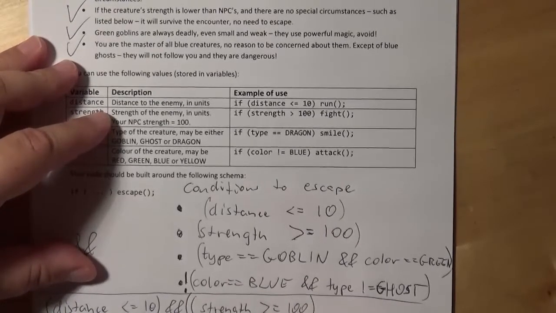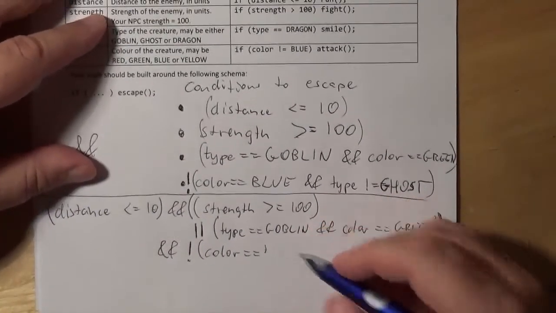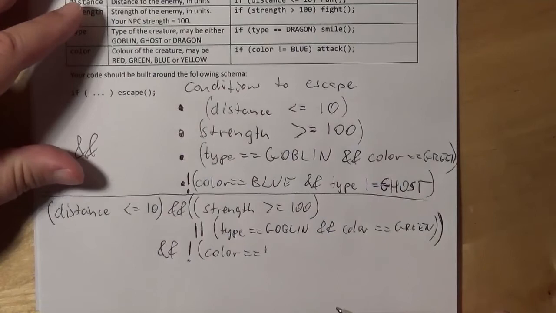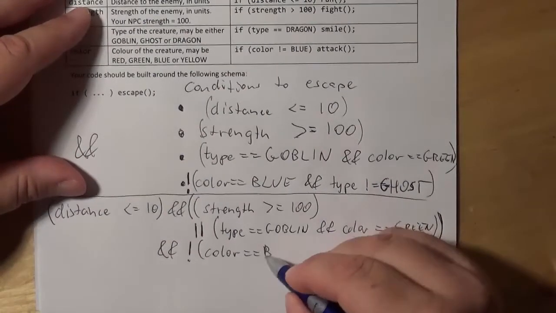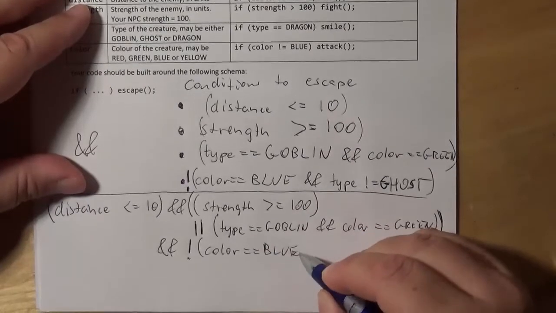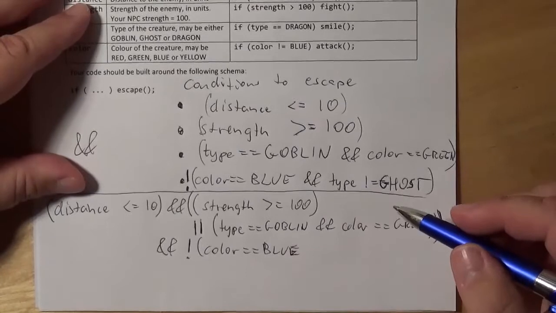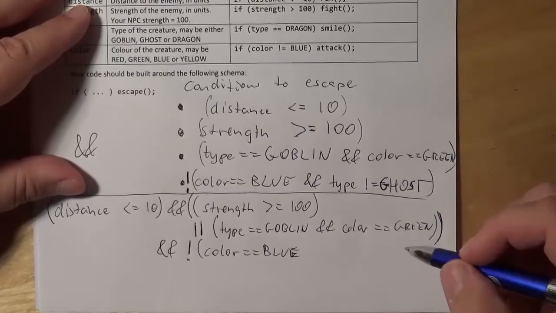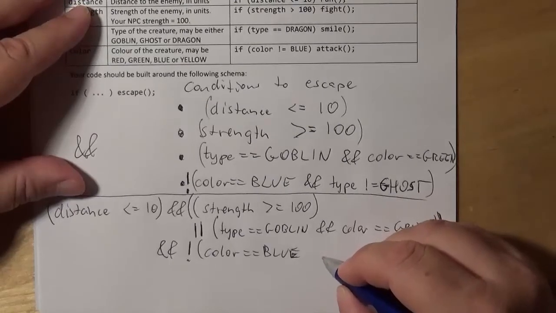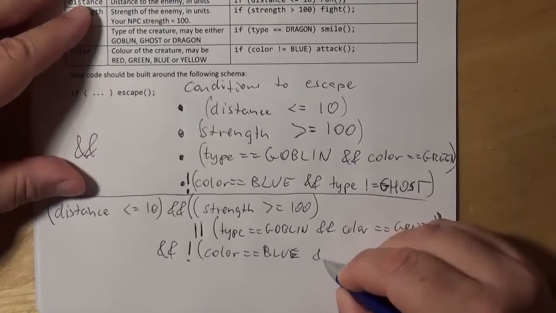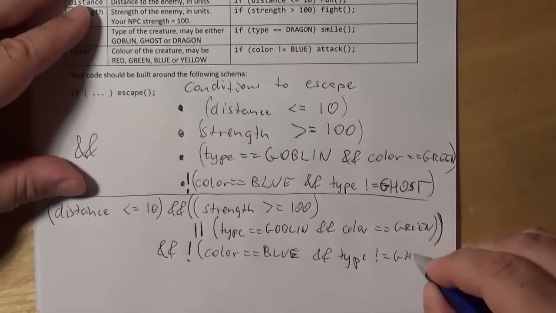Color equals blue, sorry. So what I've just done is and not color equals blue. I have to check more carefully how far my camera can see this sheet of paper, and type is anything but ghost.